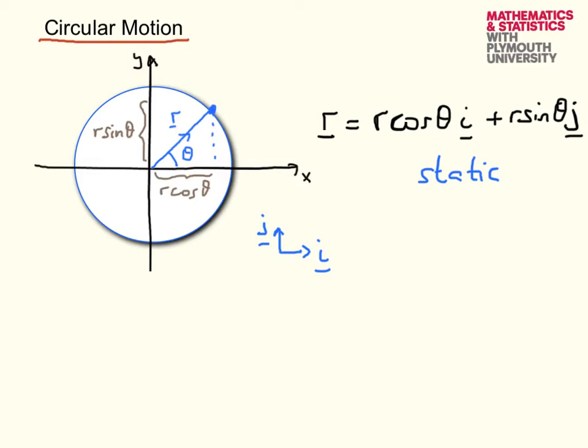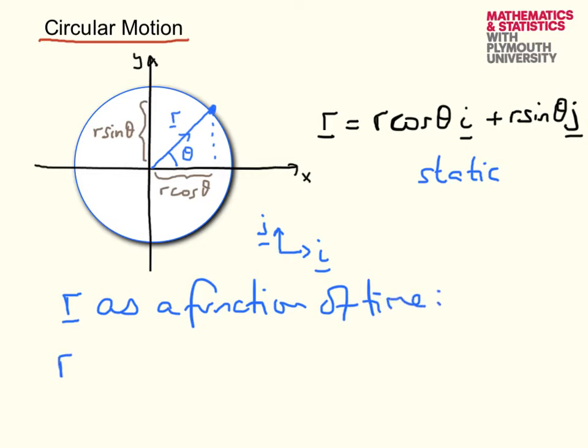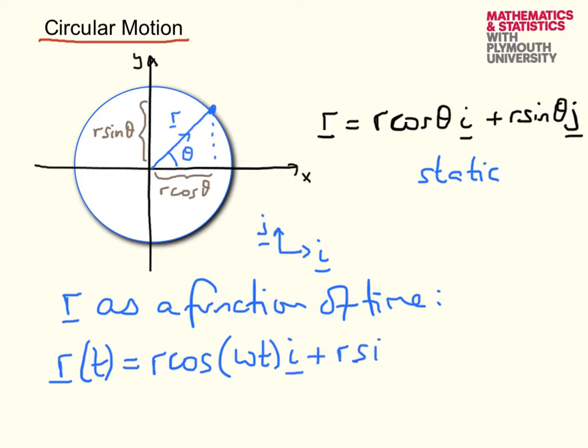And to do that, let's say that r as a function of time has the form r of t is the radius of the circle times the cosine of something which will depend upon t, and I'm going to call it omega t, i, plus r sine omega t, j. So this is going to be our starting description.